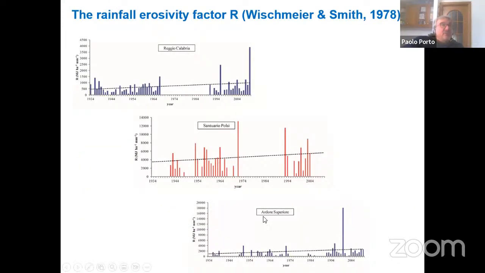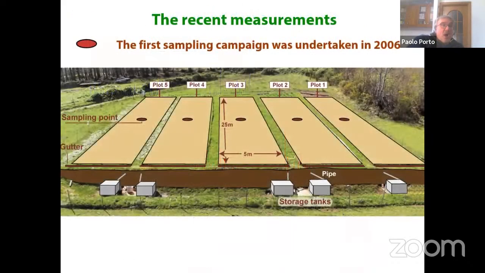Here you can see for 3 of these stations that there is an increasing trend of erosivity. That means that soil erosion is increasing from 1954 to 2006. You can see here that there is a clear increasing trend. So that explains how cesium-137 underestimates soil erosion measured by the plots.